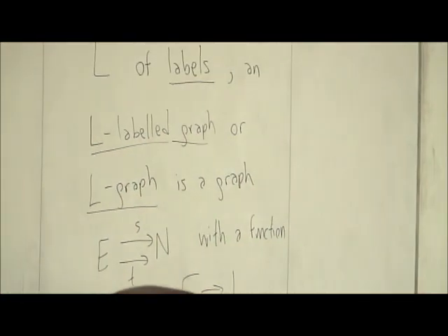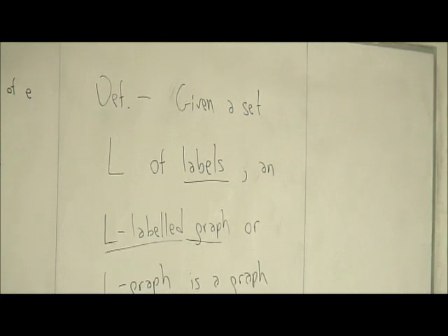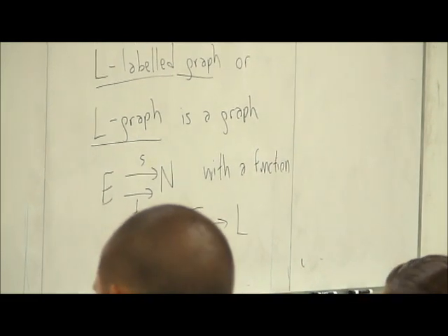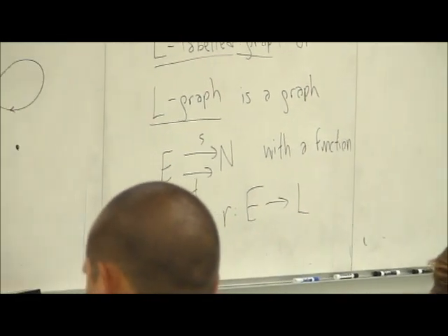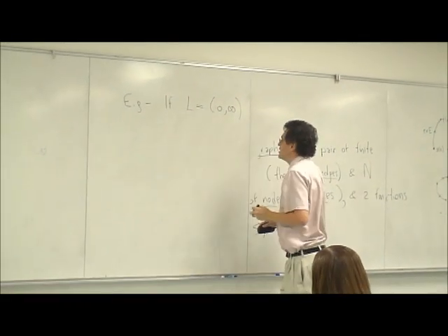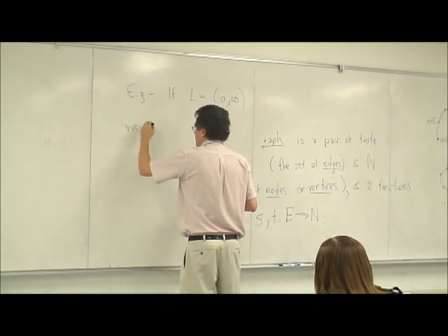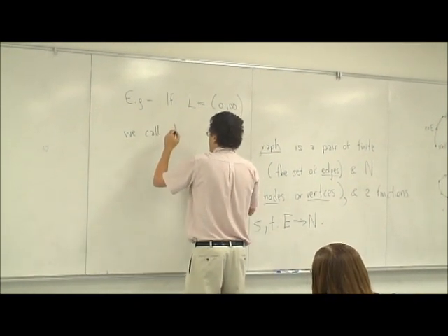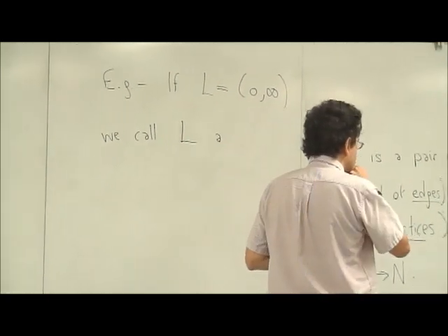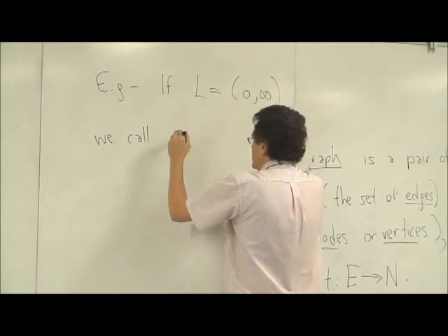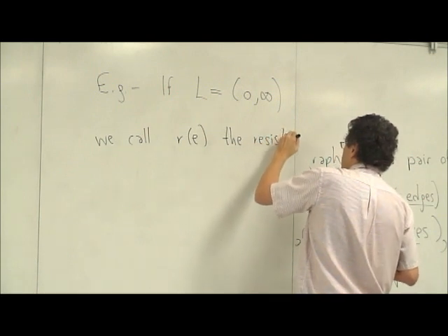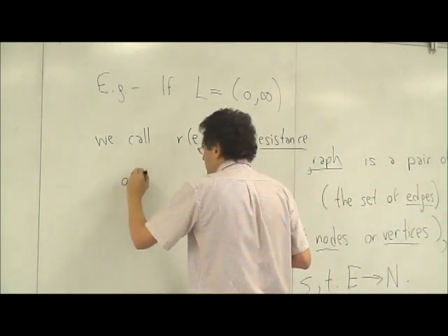So it's sort of like Brendan's paper, R. So I'll do that. So, e.g., if L is the positive real numbers, we call R of E the resistance of the edge E.